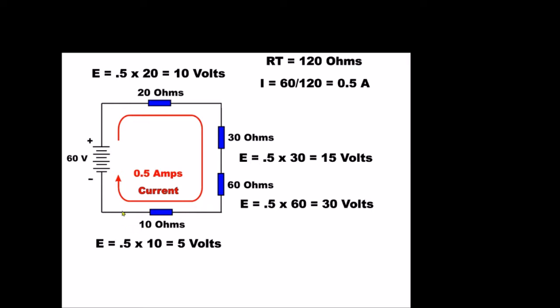If we measure from battery negative to this point over here, we're measuring the voltage drop across the 60 ohm and the 10 ohm. So we get 5 plus 30, which is 35 volts drop right here.